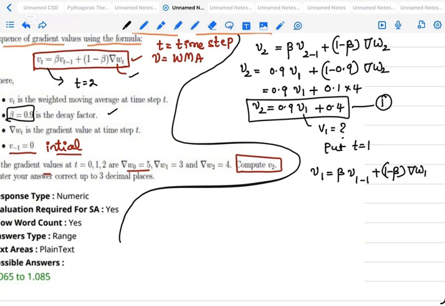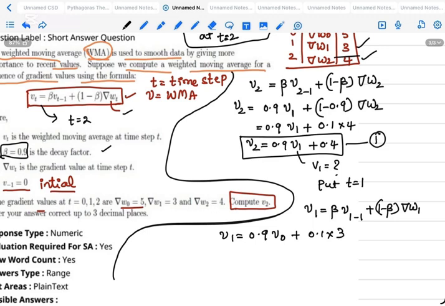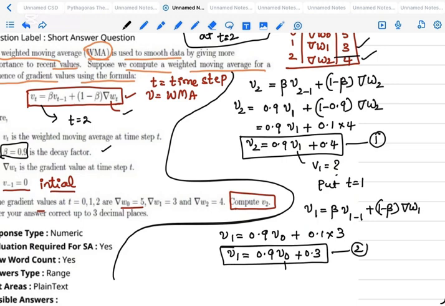So V1 equals 0.9 times V0 plus 0.1 times delta W1, which is 3. That gives V1 equals 0.9 V0 plus 0.3. This is equation number 2, and we don't know V0.